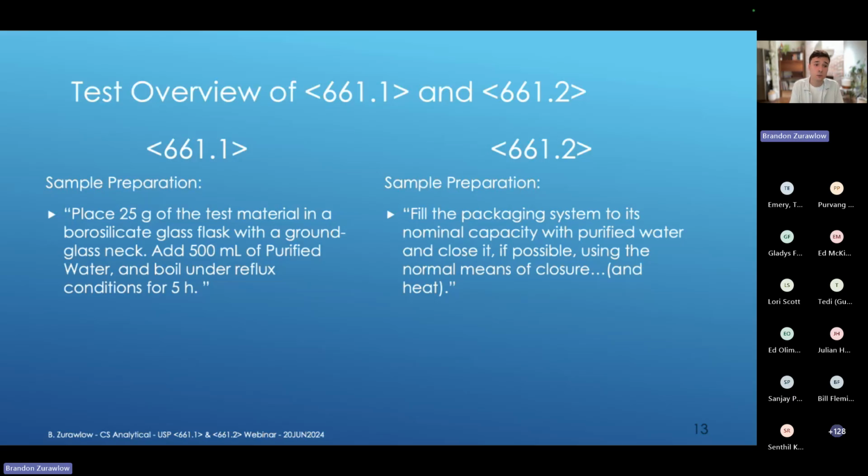However, under 661.1, that difference in volume is irrelevant because we're taking a constant mass of that material and putting it into a constant volume of water. This concept will become relevant again as we get to future slides when we start thinking about the specifics of applying these two chapters to different types of components and systems.